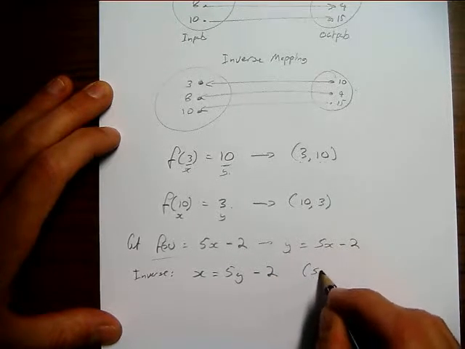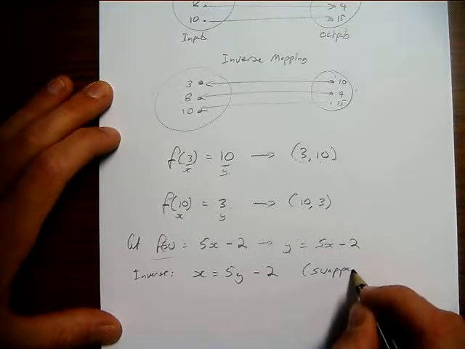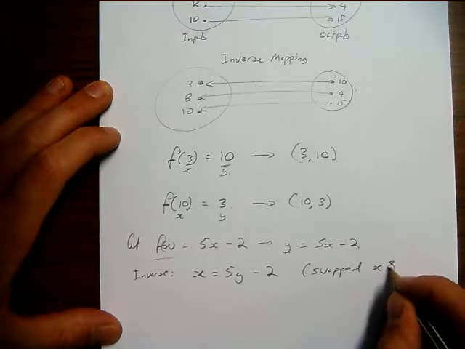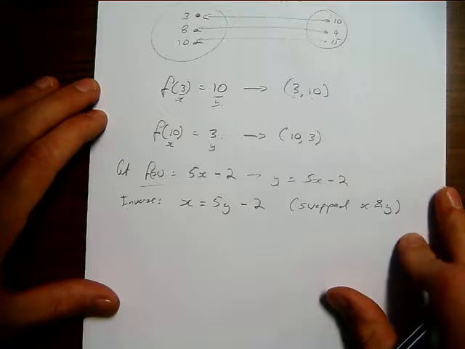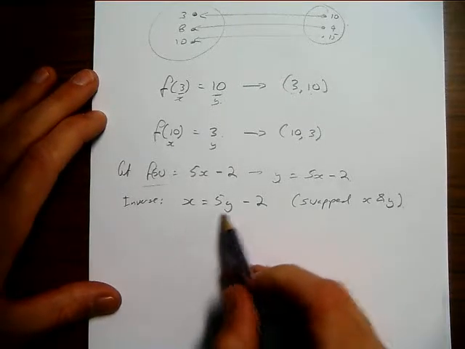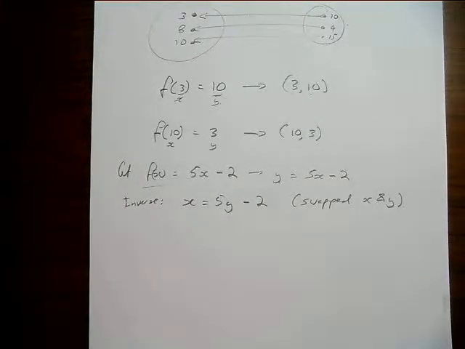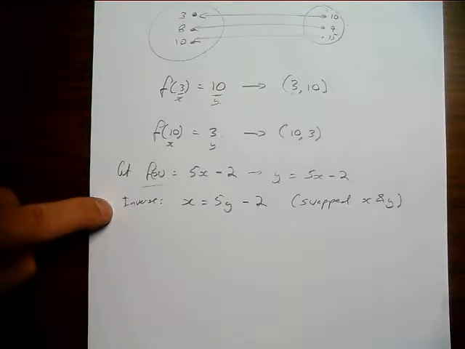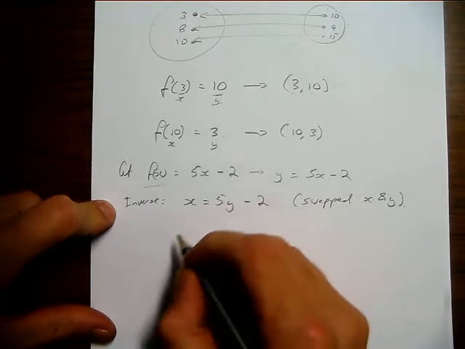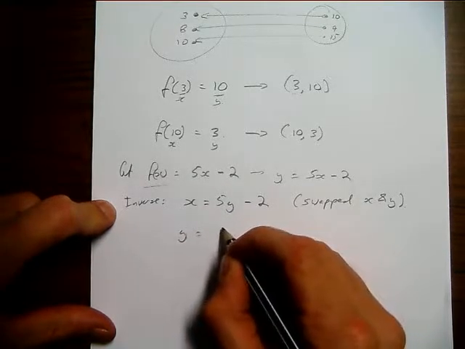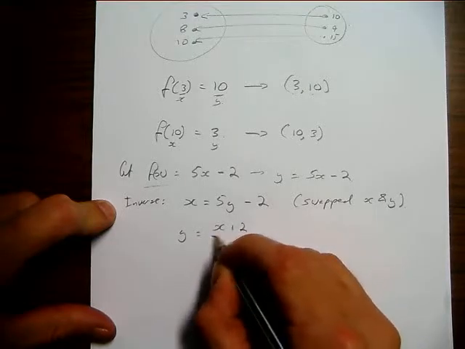I've swapped the x and the y. Now, how do I normally write a function or a relationship? With y first. So I need to rearrange it to get the y on its own. I add 2 and divide by 5. So y is going to be x plus 2, divided by 5.